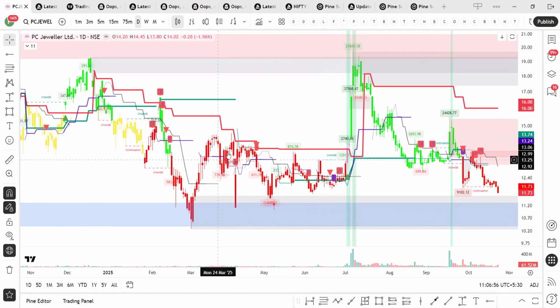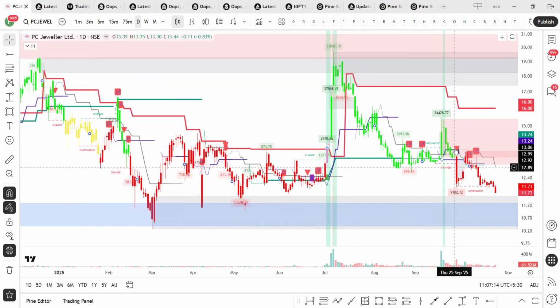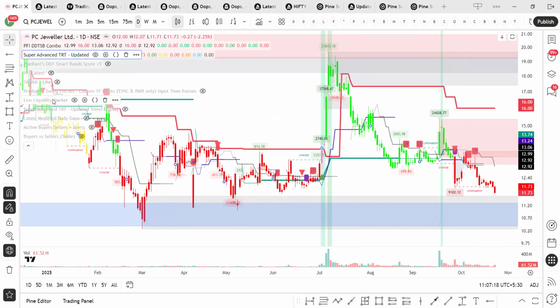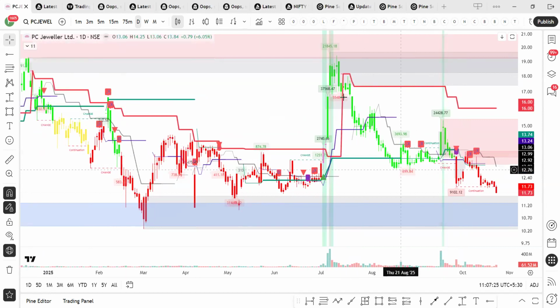So if somebody has bought in this consolidation and it went up so rapidly, it went up to this selling area. This was a starting point. Some people must have booked profits. And later on, when there was a retracement, new buyers did not come. And this happens. That's why we need a stop loss.